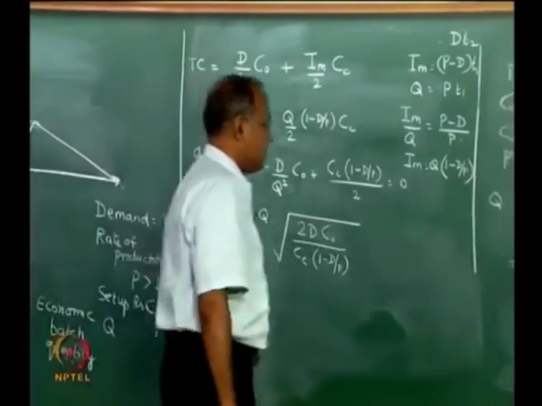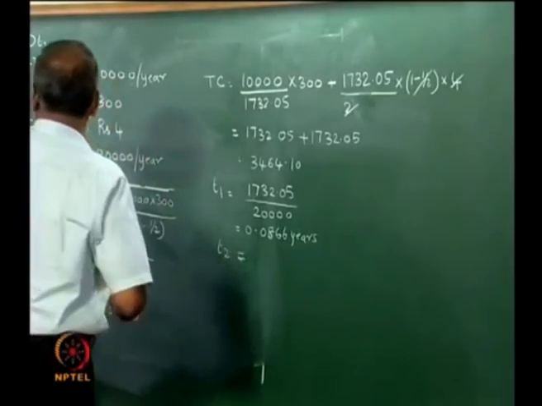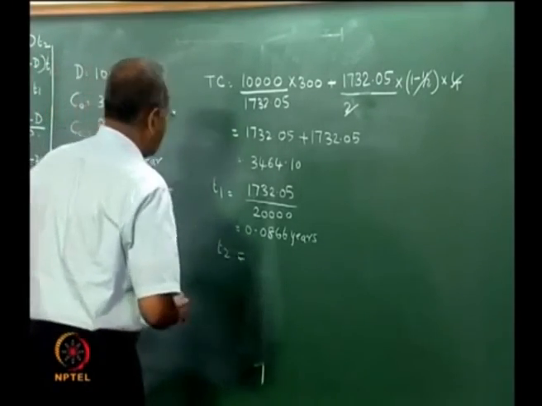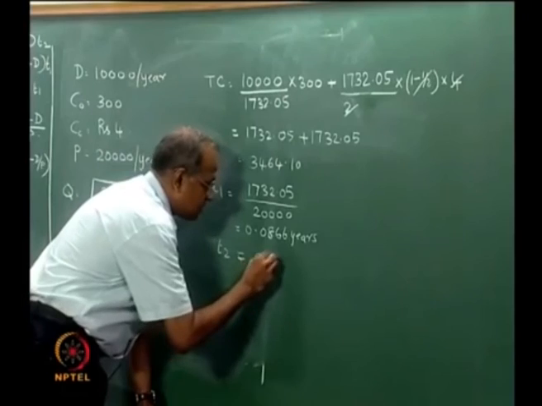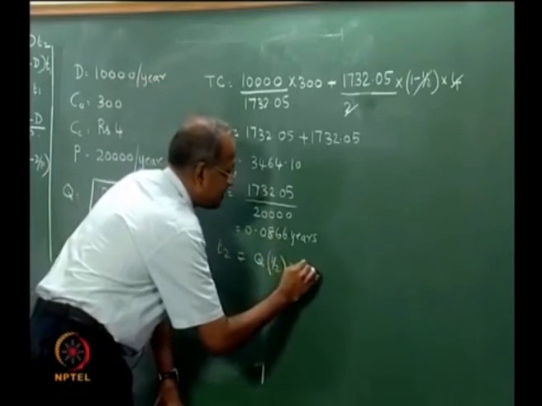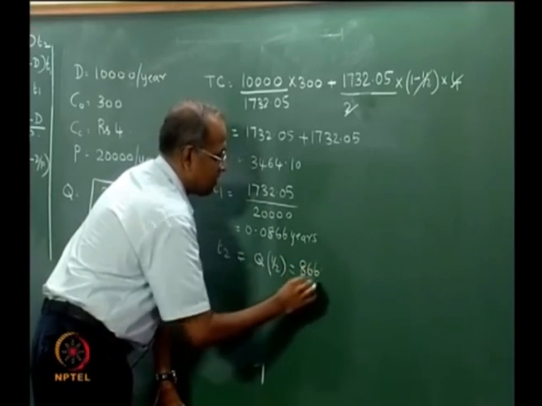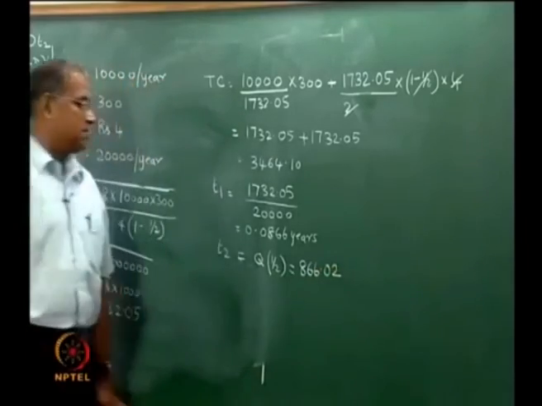Now, in order to calculate T2, we first need to find out Im. So, Im is equal to Q into 1 minus D by P. So, Q into half. So, Im will be 866.02.